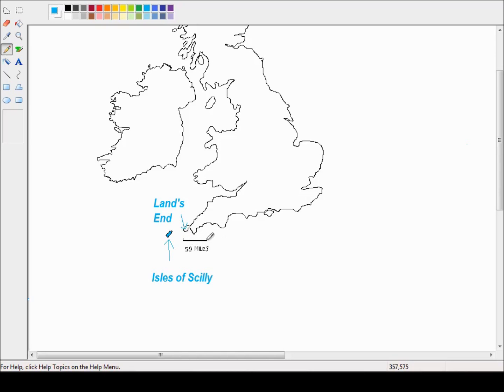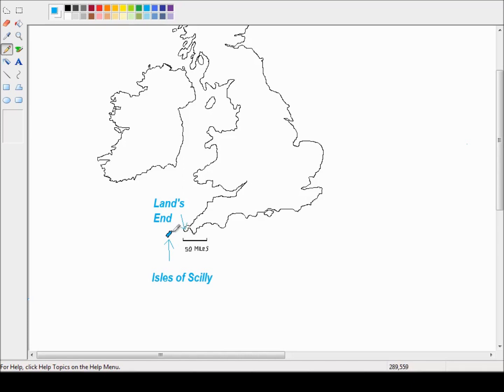Now, if this was on paper, what I'd do is I would measure the distance that has been shown to be 50 miles, and I would make a note of however many units that is, maybe centimetres or inches or whatever, and then I would measure the distance that I'm interested in.